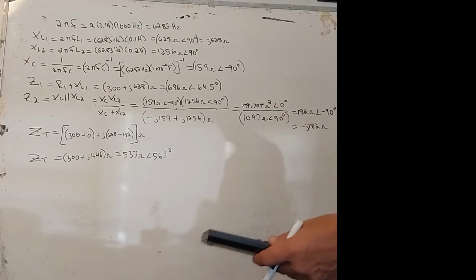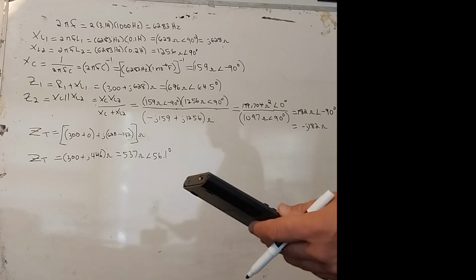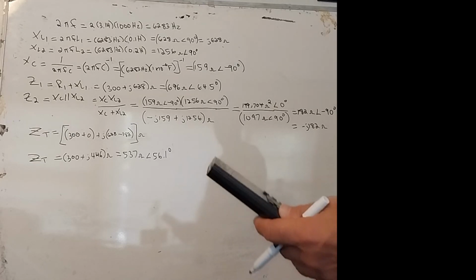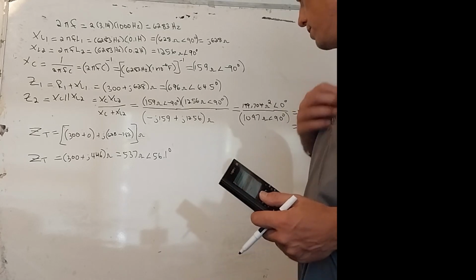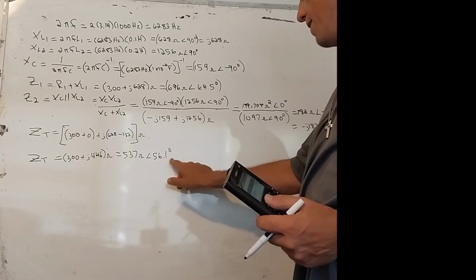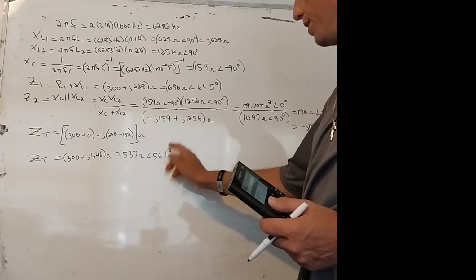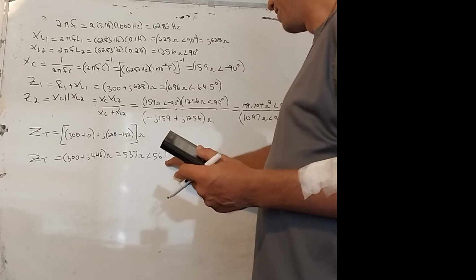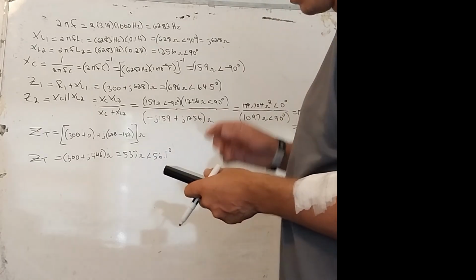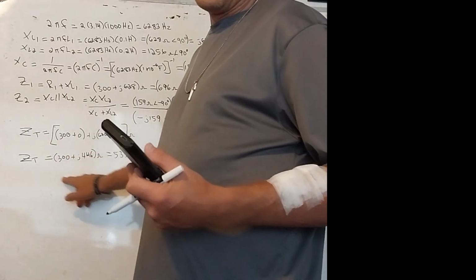Now I'm only doing this to 3 significant figures. The answers might have it to 4 significant figures, but if I round to 3, it's most likely because this is 556.07, but I rounded to 3 instead of using 4. This is the first problem they want us to solve, the total impedance.